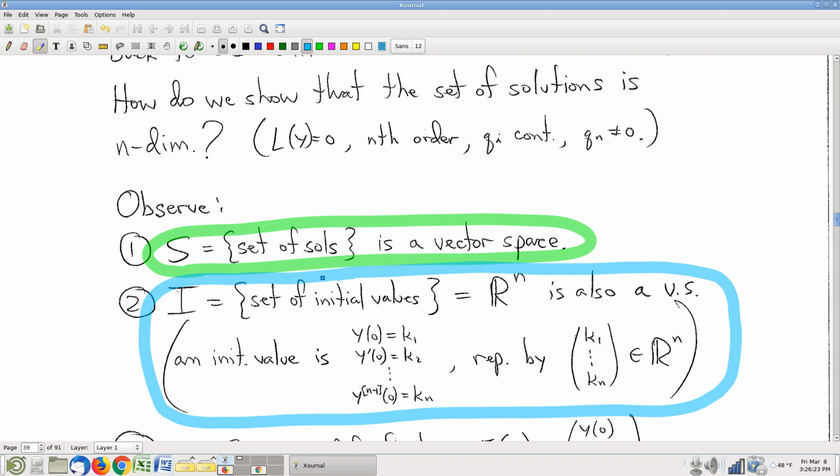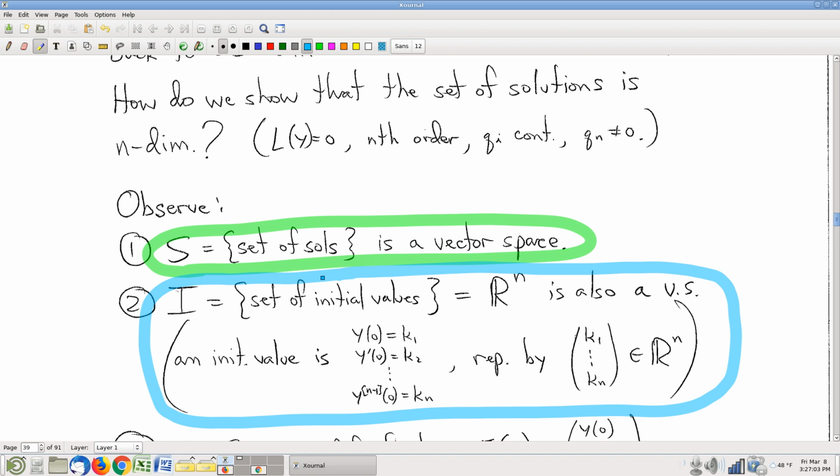And we didn't use the following point of view in chapter 4, but a collection of values of the function and various derivatives is just an ordered list of real numbers. There are n of these real numbers that make up an initial condition, and therefore an initial condition is an ordered n-tuple of numbers. An initial condition is a vector in Rn, if you choose to look at it that way, which I would like to do. Okay, so another vector space, as it turns out.